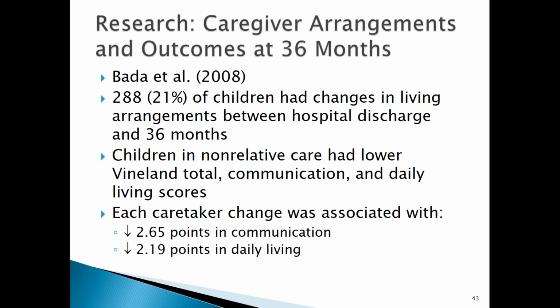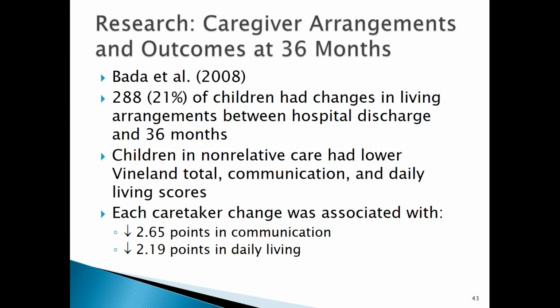Okay, so for some more information, I was not involved in this paper, but one of the MLS investigators, Henrietta Bada, worked on a paper where she looked at caregiver arrangements and changes over time, and then child outcomes. So she found that 20% of the children had changes in living arrangements between hospital discharge and 36 months of age.